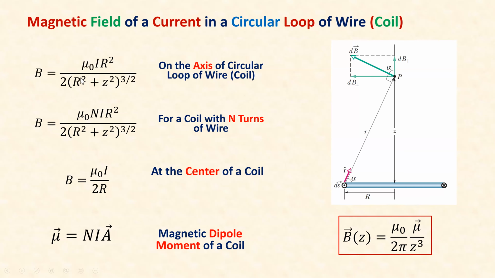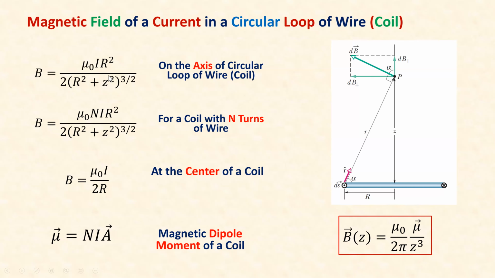And so if you ignore the r squared compared to z squared, then you have z squared to the power 3/2 becomes z cubed in the denominator. And if you multiply by pi, you get 2 pi z cubed in the denominator. That's what you have here. And then pi r squared becomes the area, times I becomes mu.